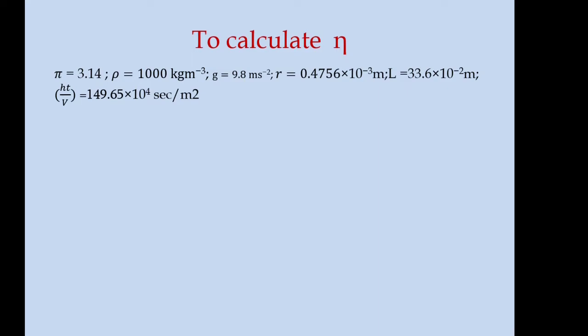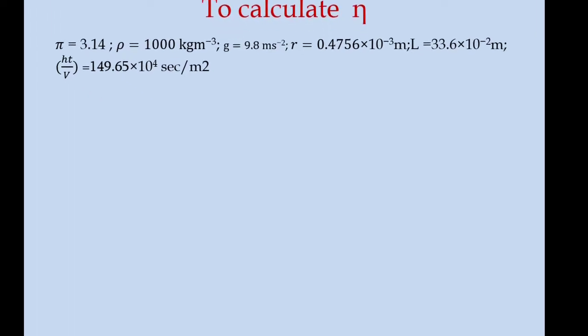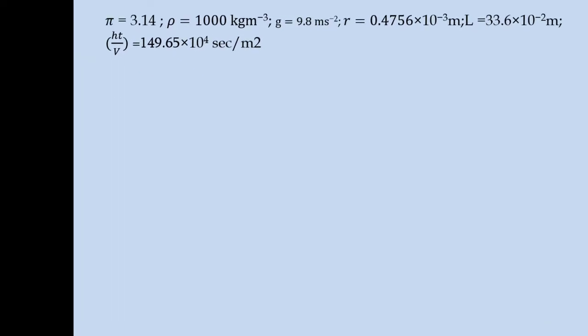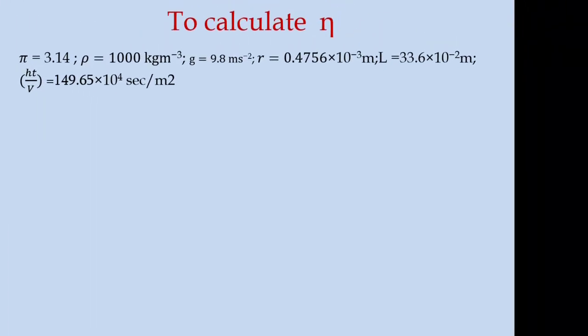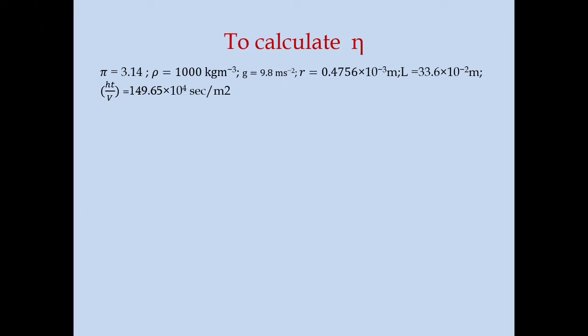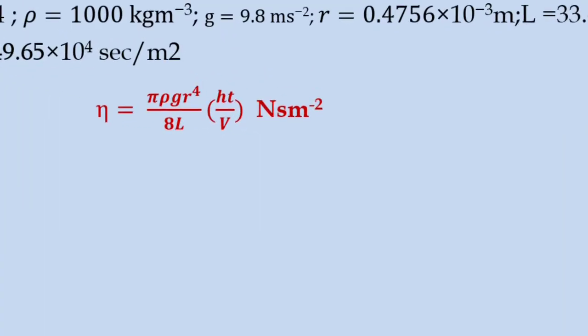So I always insist students to write each and every parameter involved in the formula, with the values on top with the powers in SI units. So we know SI units, that is meter, kilogram, seconds. Convert everything into meter, kilogram and seconds, then it will be convenient for us to do the calculation.